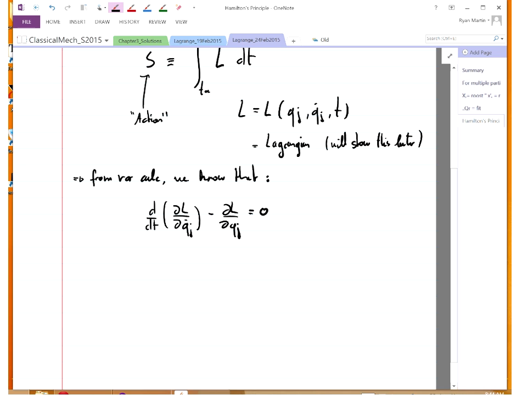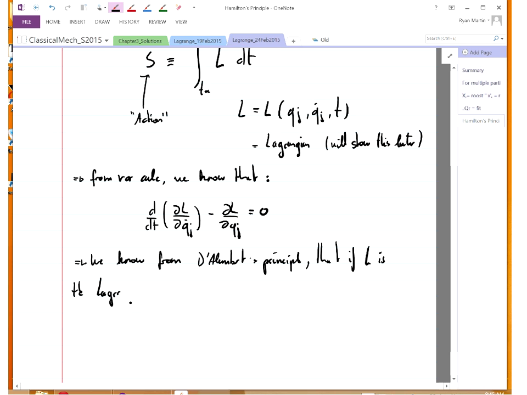And we know from D'Alembert's principle that if L is the Lagrangian, this gives the correct equations of motion.